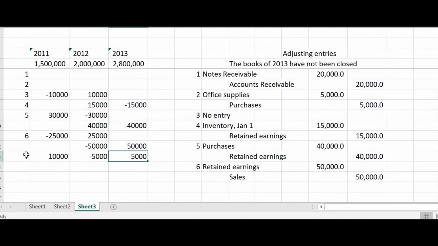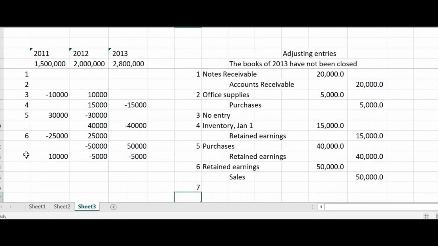Since open pa man yung 2013 yung books, kasi di ba siya close. Kung close na, nag-counterbalance na yan. So, since open pa man siya, pwede ko pa i-adjust yung as of 2012 na error.